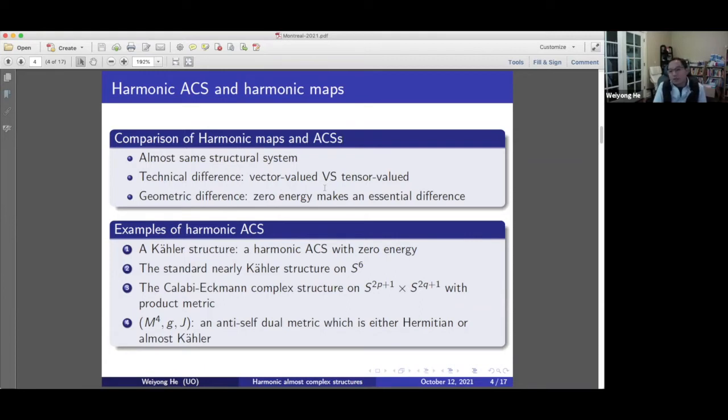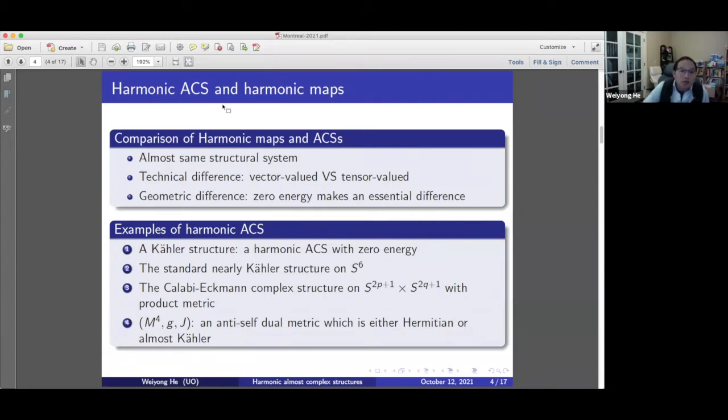In particular, if we assume the background metric is flat, for example in 4 dimensions, then since an almost complex structure is basically just a section of the twistor bundle, when the background metric is flat or conformally flat, this twistor bundle is really just the S2 bundle over the manifold.